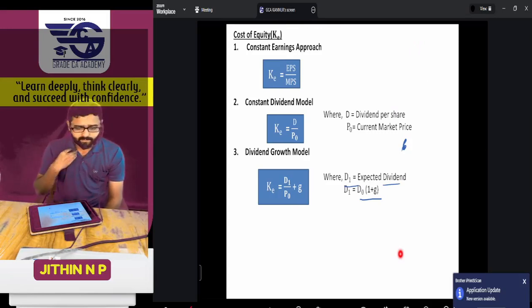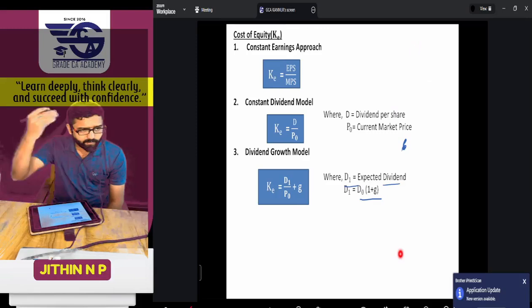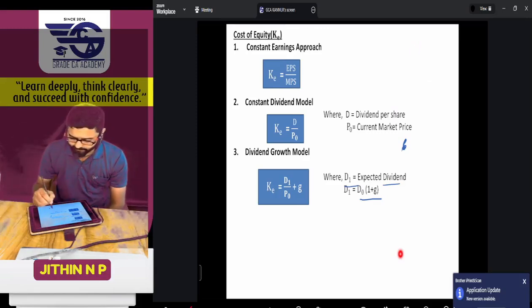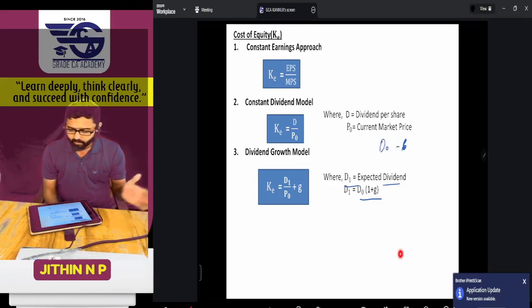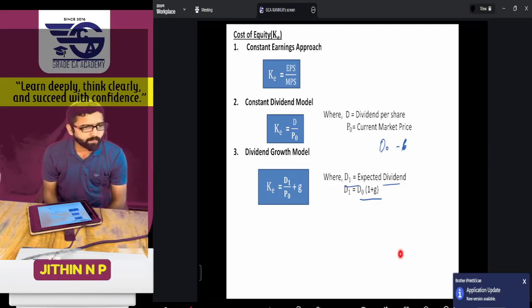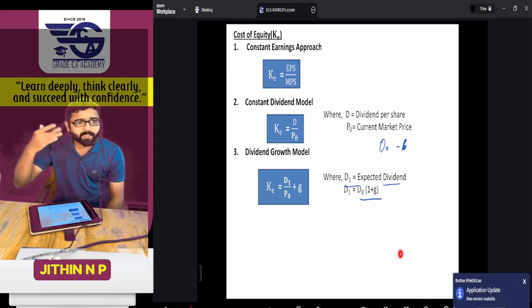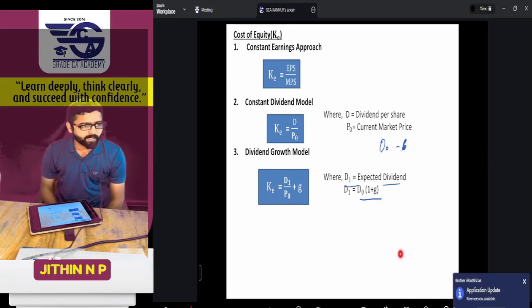In that case, an investor expects to get some more dividend next year. Proportionate growth will be in the dividend also. Here 6 is D0, the previous year's dividend. The investor is expecting some growth next year. That is called the expected dividend D1.